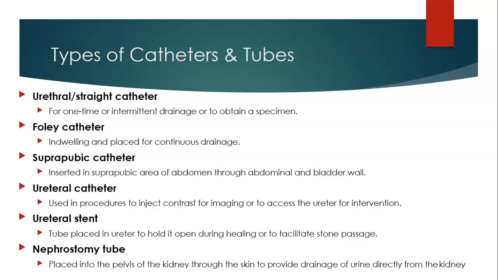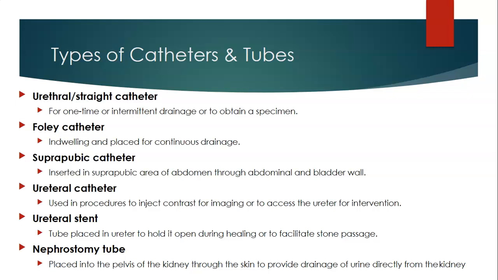It can be really easy to get a stone that is stuck somewhere in there, and then you not only have a whole lot of pain, but you also have an obstruction, so fluid can back up because it's no longer going to the bladder, so it backs up into the kidney, which causes a whole bunch of issues.